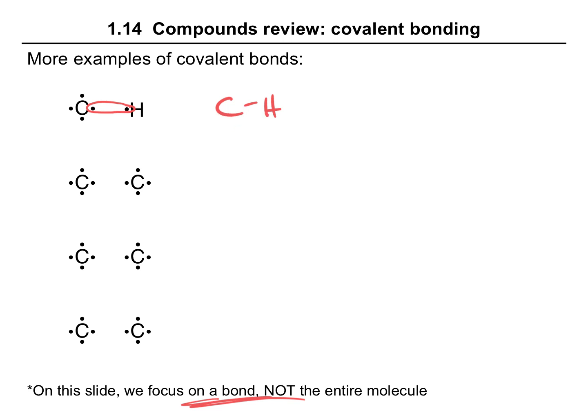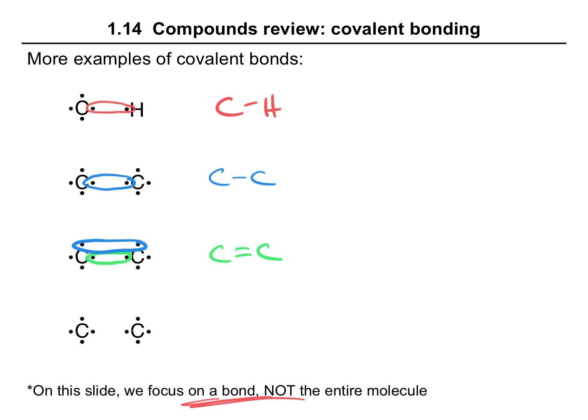In addition, we could have carbon sharing an electron with another carbon, which is going to give us a carbon-carbon single bond. It's also possible that carbon could share a pair of electrons, and another pair of electrons. And that would give us a carbon-carbon double bond.